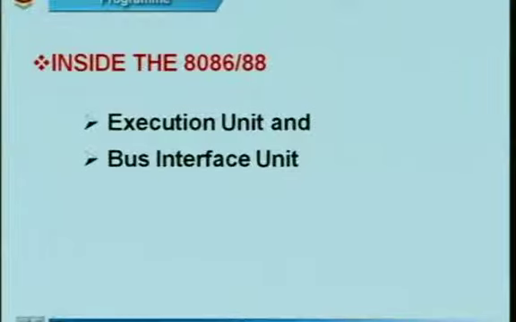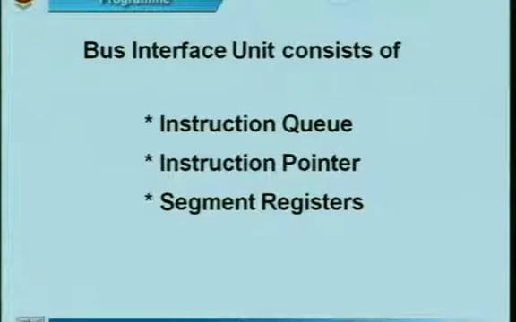When you look at the 8086 internal architecture, it is divided into two units. One unit is the execution unit, the other one is the bus interface unit. The execution unit and bus interface unit both work independently, they do not depend upon each other. The bus interface unit basically consists of 3 blocks.